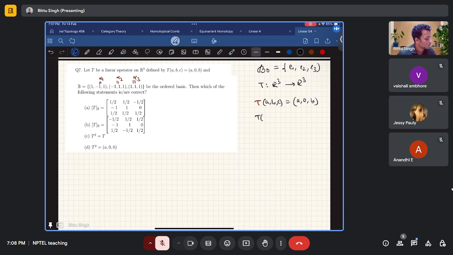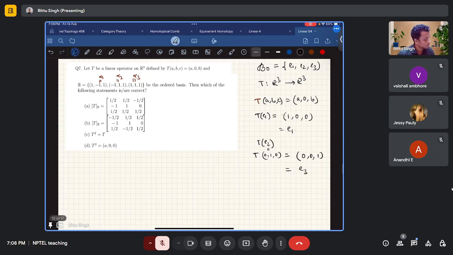Now T applied on e1, e1 means 1 0 0. It is the same as 1 0 0, which is e1. T applied on e2, e2 means 0 1 0, which is the same as 0 0 1 by this definition, but this is the same as e3.